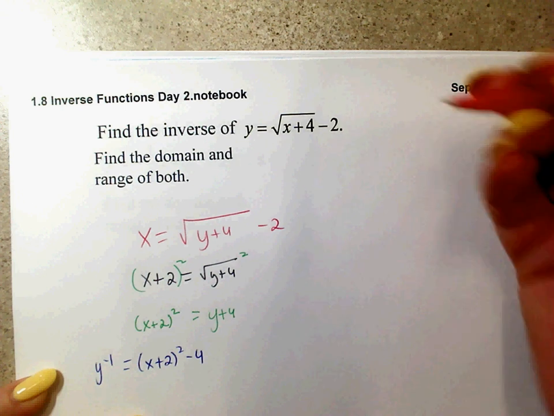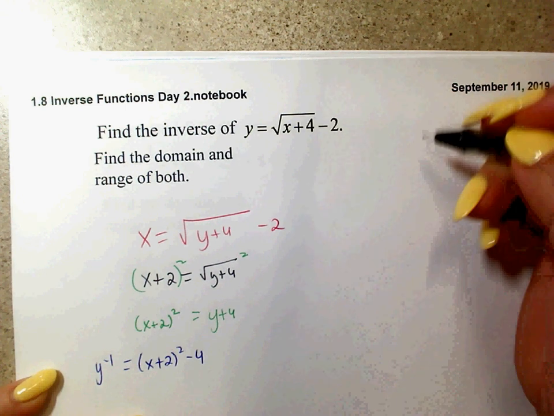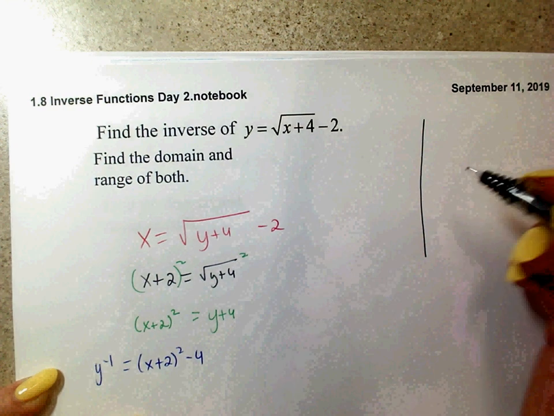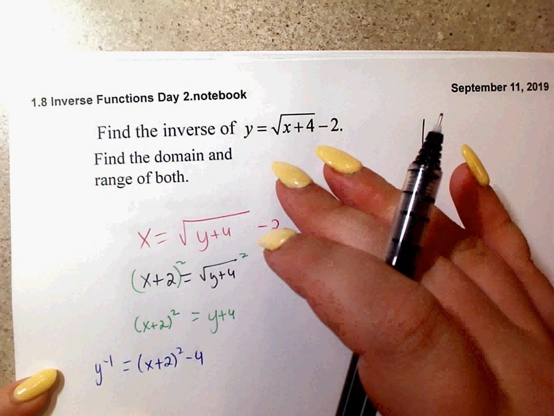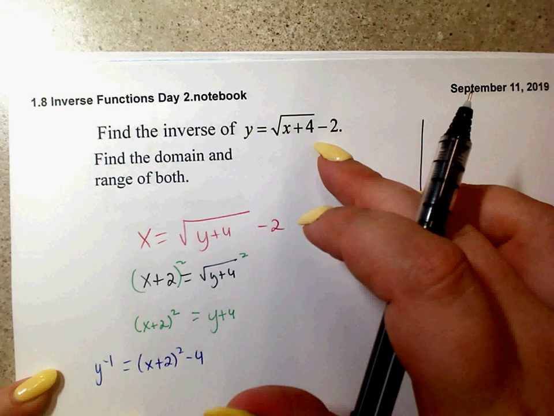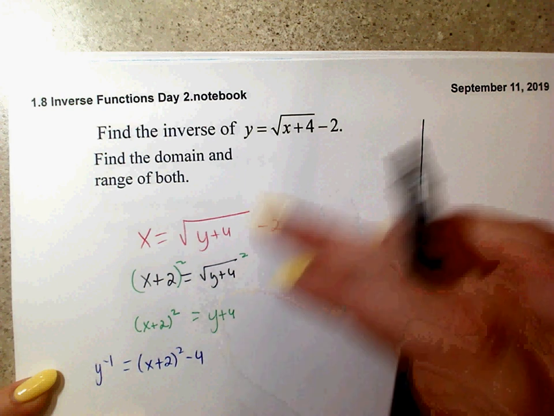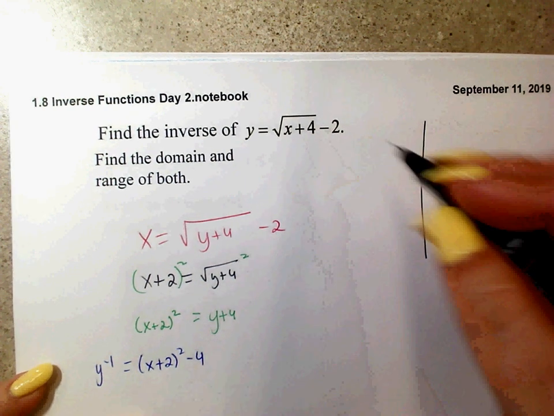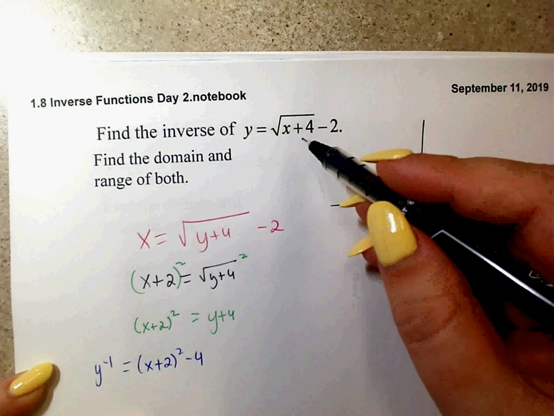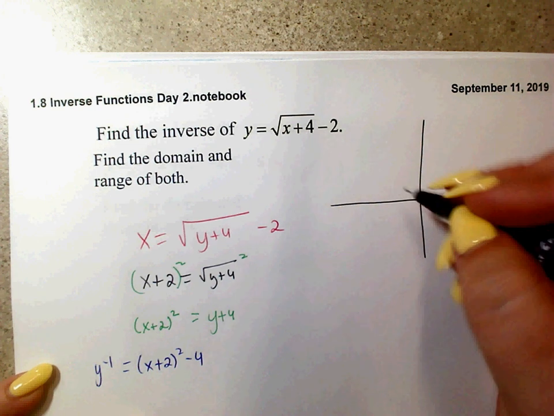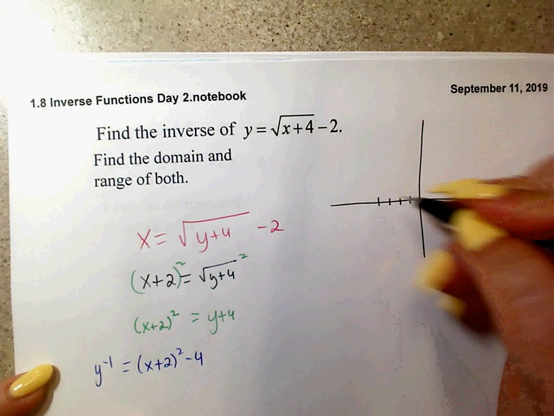When you think about graphing this, because it says find the domain and range, I can find the domain and range of this without thinking about its graph, but I do have to know the graph of the original. So this is a square root function shifted to the left 4 and down 2. 1, 2, 3, 4, down 2.